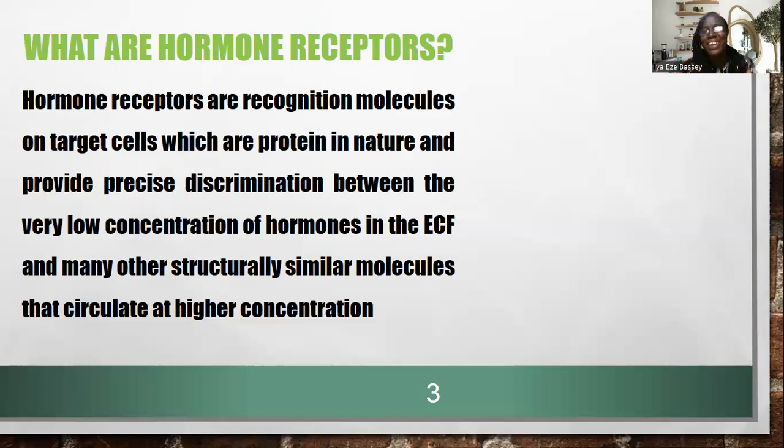So what are these hormone receptors? They are actually recognition molecules that are located on target cells. They're usually protein in nature and help to provide precise discrimination between the very low concentration of hormones we have in the ECF and other molecules that circulate at very high concentrations in the same ECF.